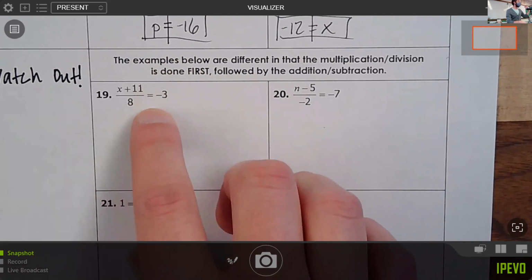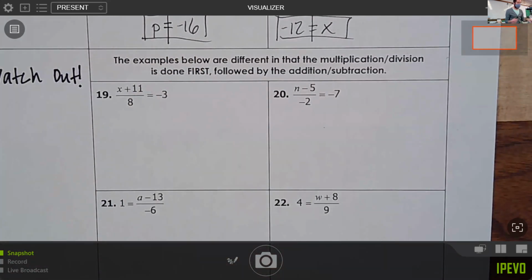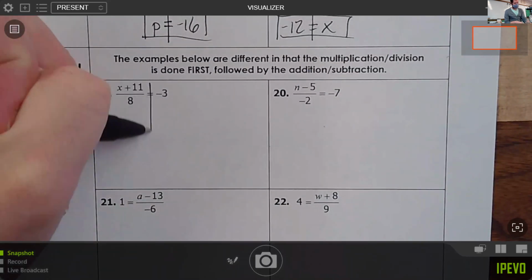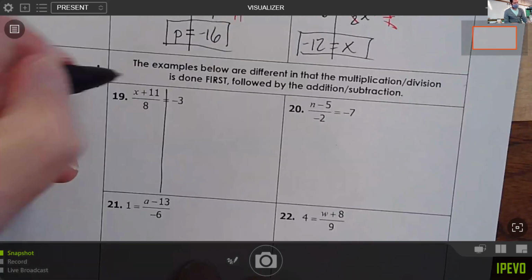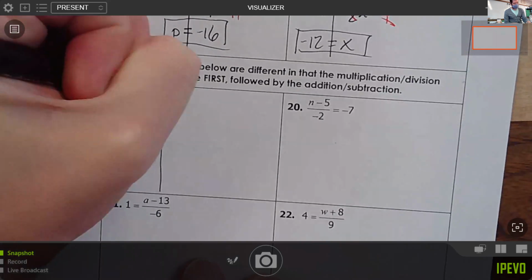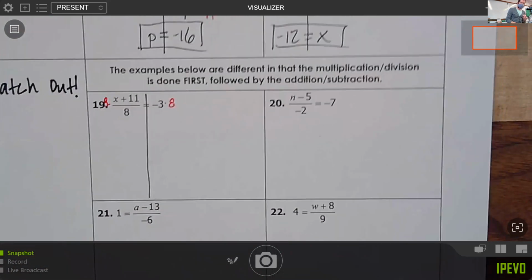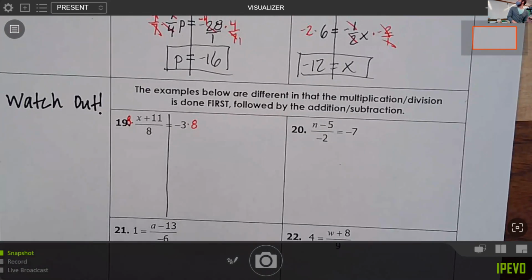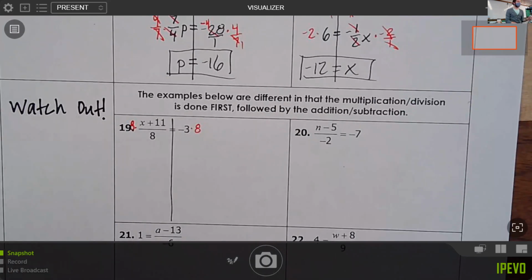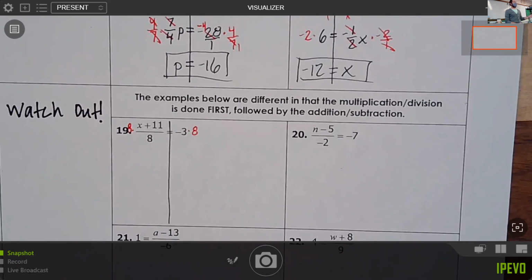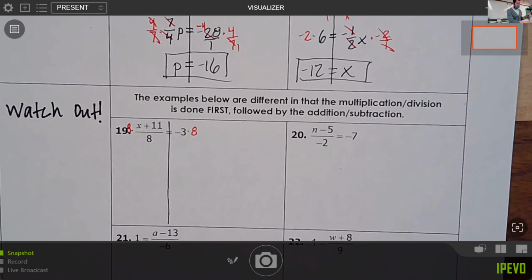So we're going to undo the division first by doing what? Multiplying. We undo the division by multiplying. We're going to multiply by 8 on both sides. So this says the examples below are different in that the multiplication and division is done first. And the reason for that has to do with order of operations and moving backwards through order of operations.